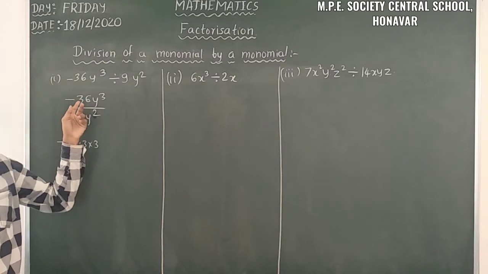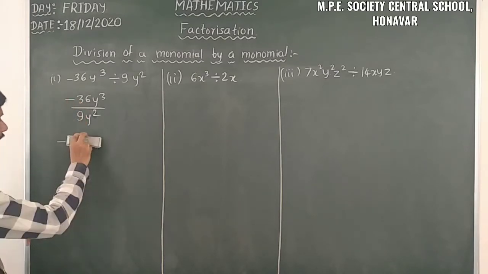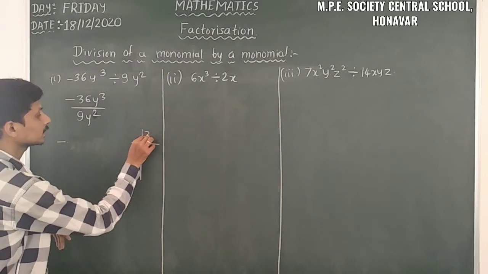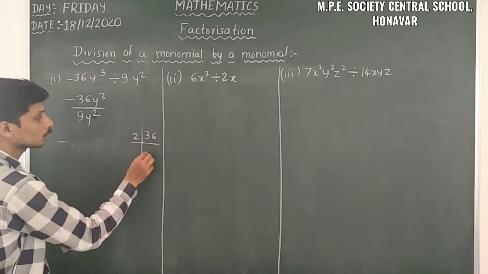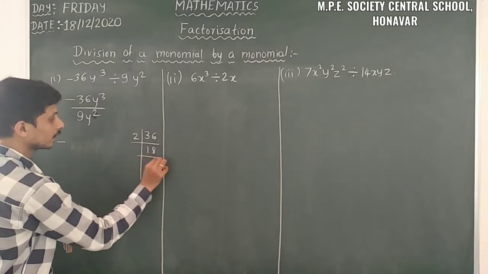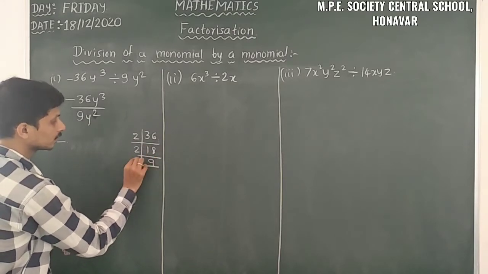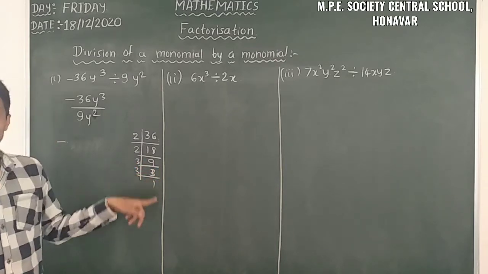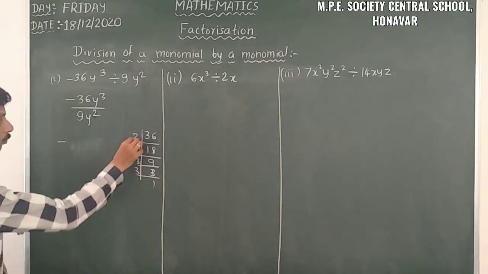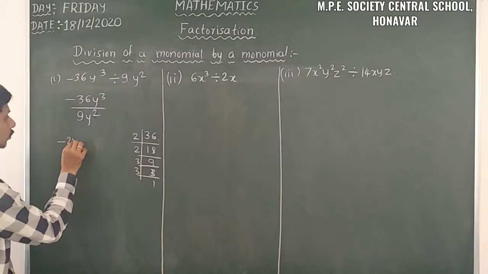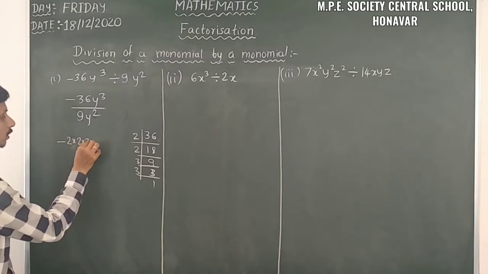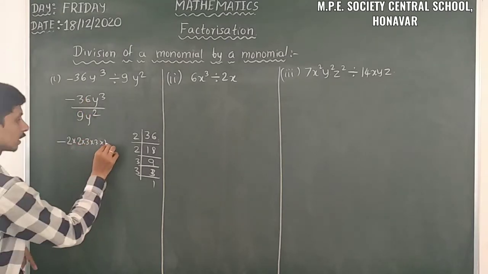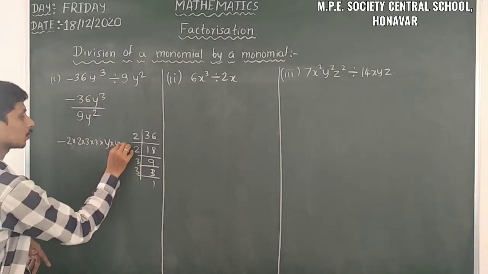Start with 2: when we factorize 36, we get 2 into 18, 2 into 9, and 3 into 3. So we can write 2 into 2 into 3 into 3. Then y cube means y into y into y.